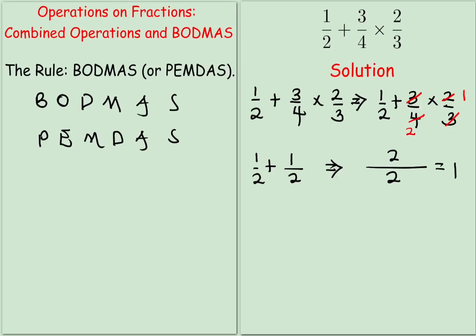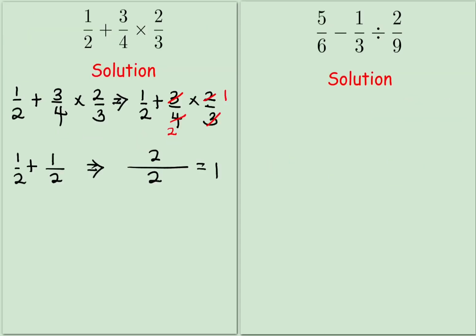order of operations. So let's solve a few more examples. This time around, let's go for this. As you can see, this question is similar to the one that we just solved. So we have 5 over 6, then minus 1 over 3, divided by 2 over 9.